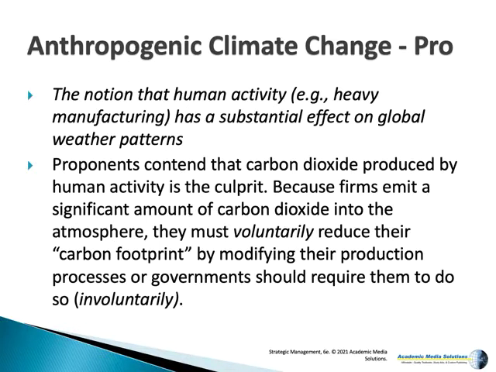Because firms emit a significant amount of CO2 into the atmosphere, they must voluntarily reduce their carbon footprint, a term we hear frequently, by modifying their production processes, or governments should step in and require them to do so involuntarily. So the idea here is to regulate production so that it doesn't produce so much CO2 that it influences weather patterns in a negative way. This is the argument for anthropogenic climate change.